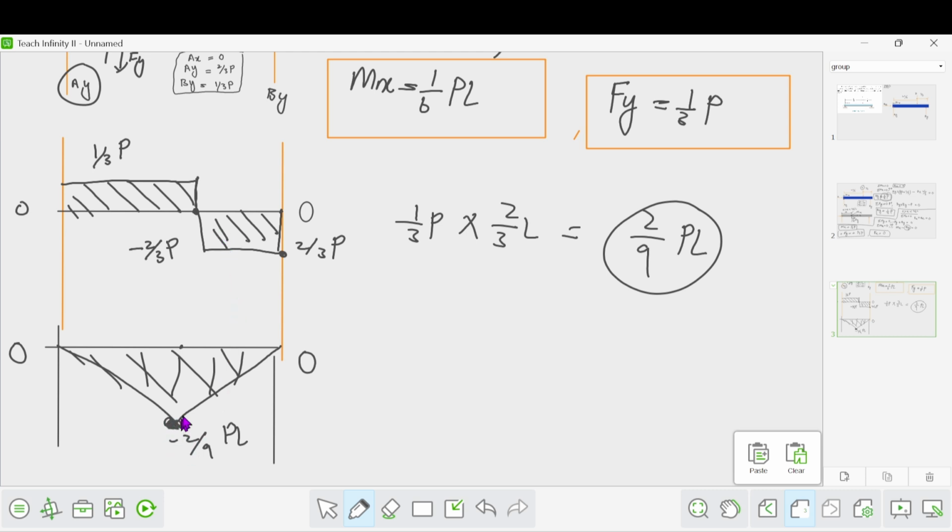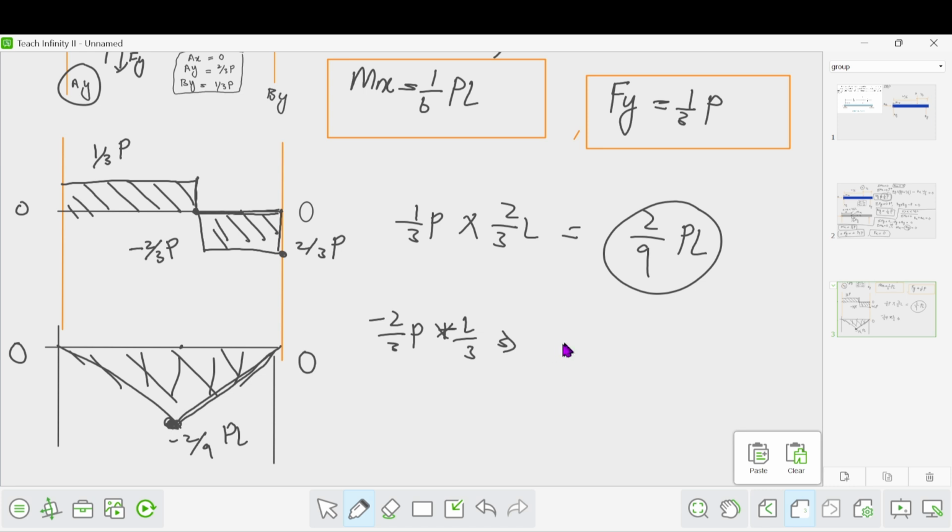So after this, how can I draw this line? Negative 2 divided by 3P multiplied by this L, which is L divided by 3 multiplied by L divided by 3.